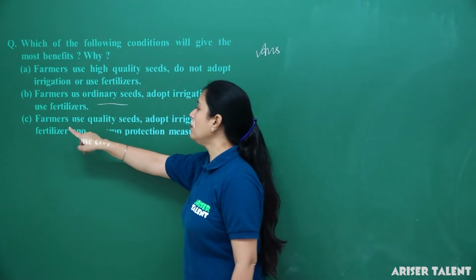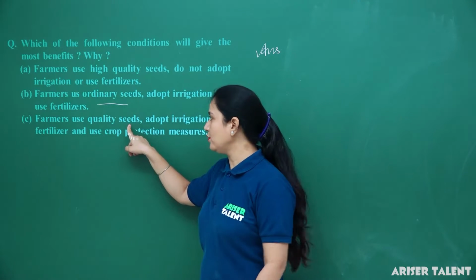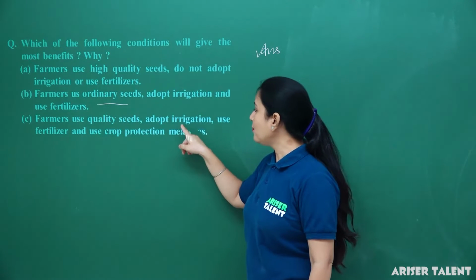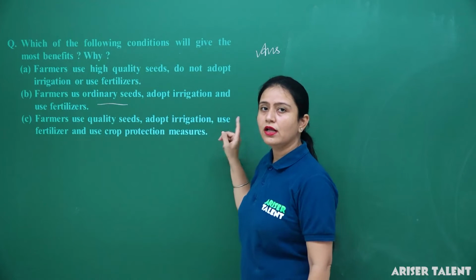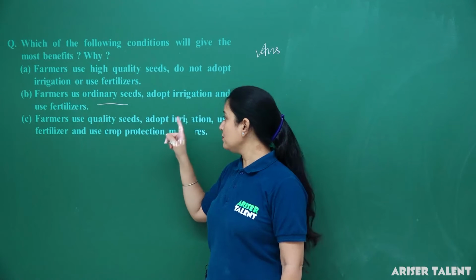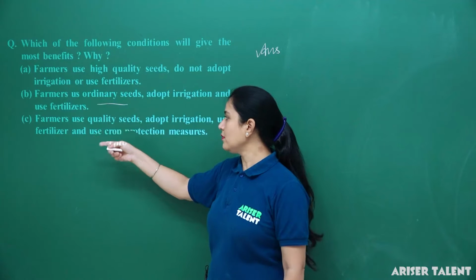How? Because the farmer is using high quality seeds which will germinate and grow into healthy crops. With proper irrigation, as we all know, irrigation is essential for the vital processes.